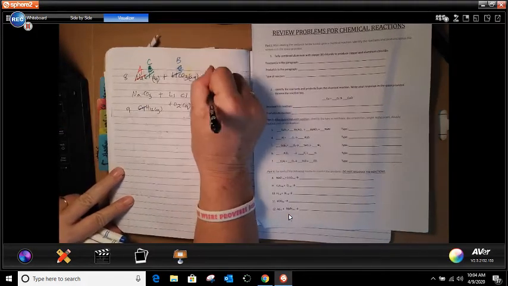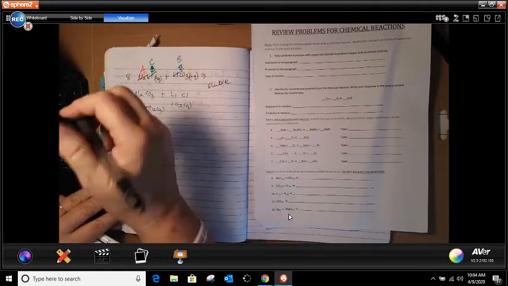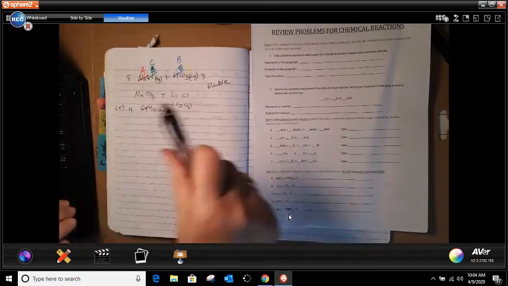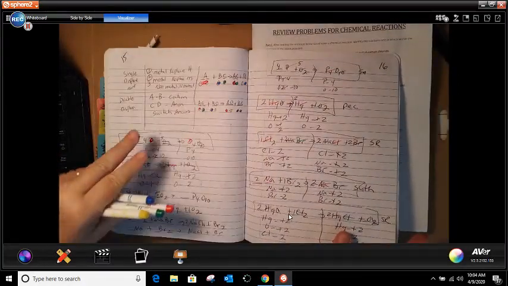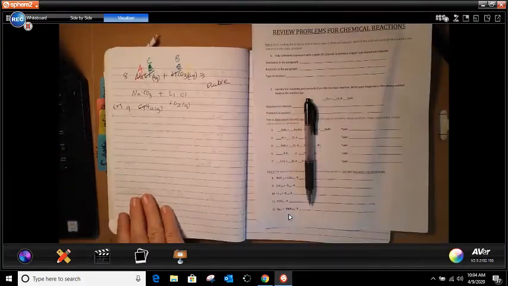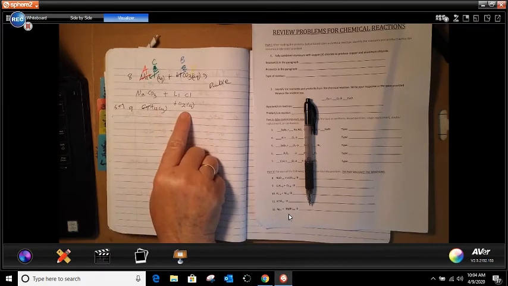This is double. This is single. Remember what single is. Let's look back. Single displacement is A plus BC. Well, we've got A, B plus C, right?